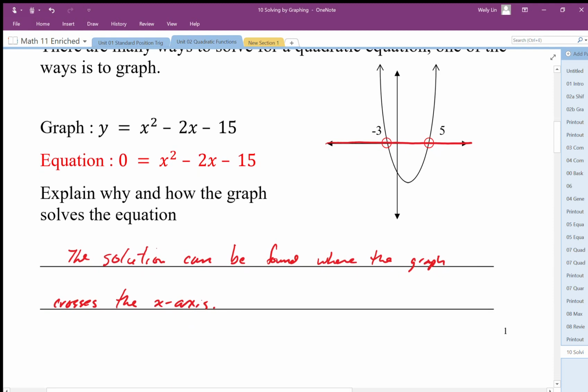And how it's going to be found is we just find the roots. Right? So that's essentially how and why.